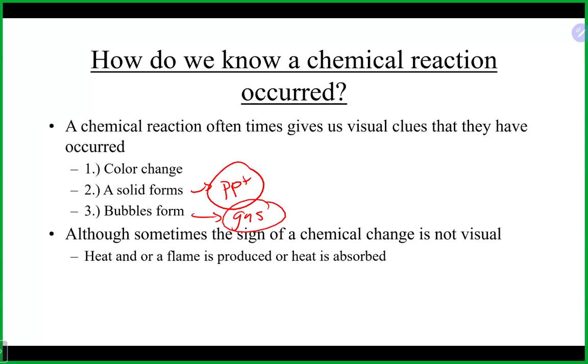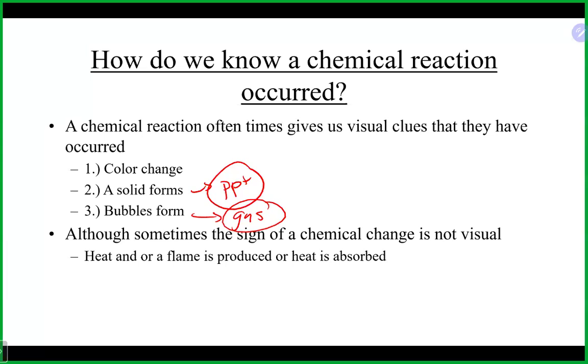Other signs of chemical changes: heat or flame is produced. Clearly, flame you could see, but not visual heat exchange. If you're holding a test tube and it starts to get really hot, there's some type of reaction releasing energy, and that's why your hand gets hot. It's an exothermic reaction.